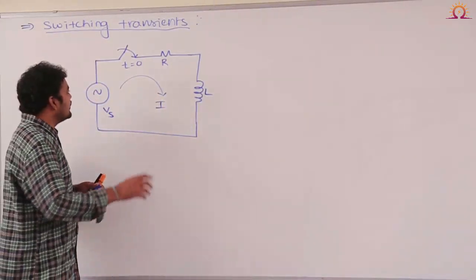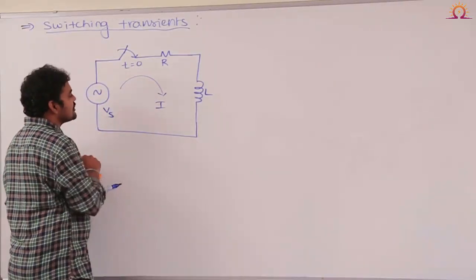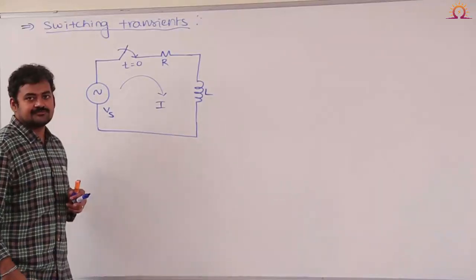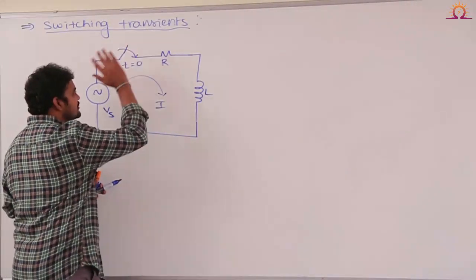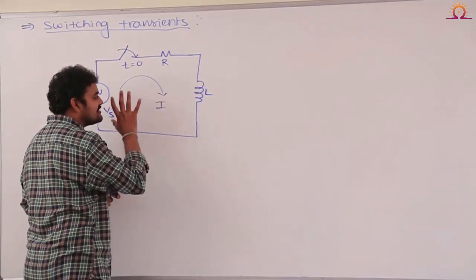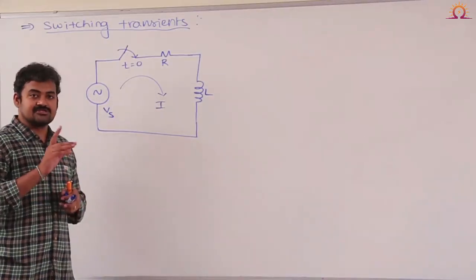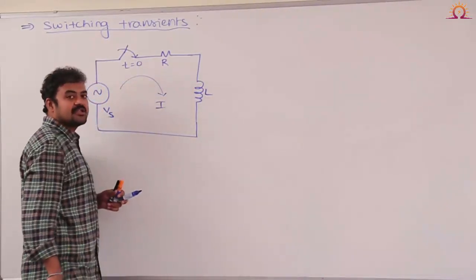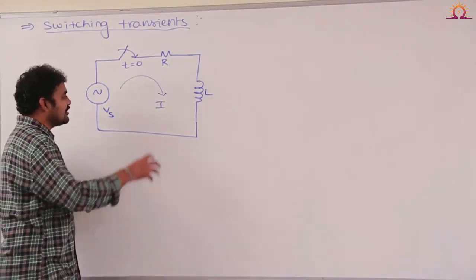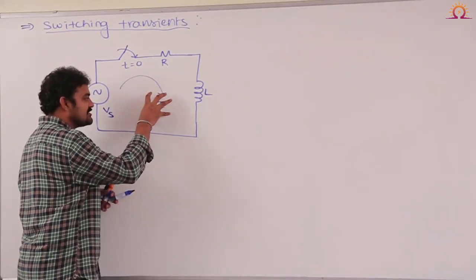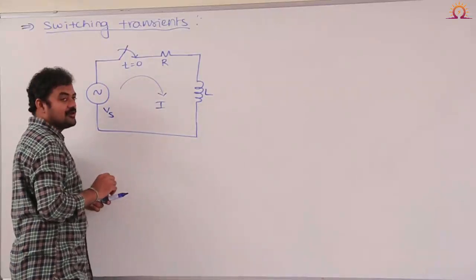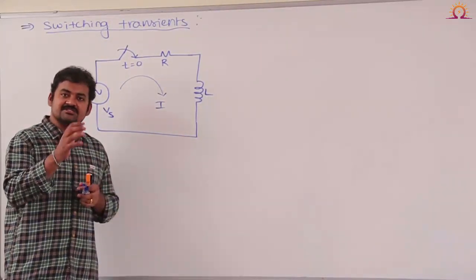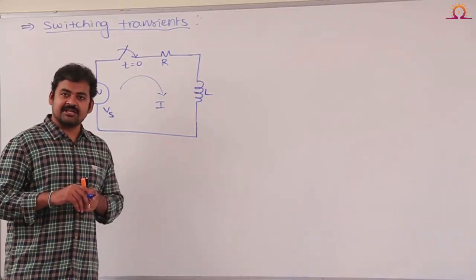Now tell me, before the switch is closed, can I say the current through this network is equal to 0? And once the switch is closed, does the current change immediately? It does not change. We know the property of an inductor is that it does not allow a sudden change in current. Therefore the total current in this loop at the time of switching on is divided into two components: a steady state component and a transient component.